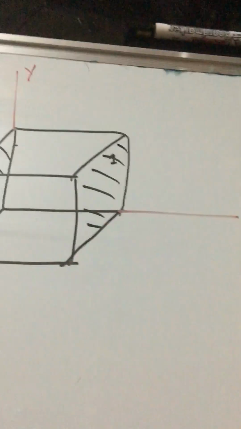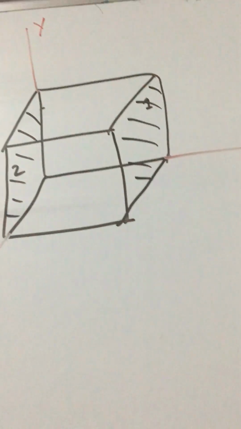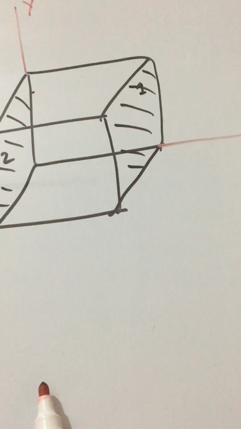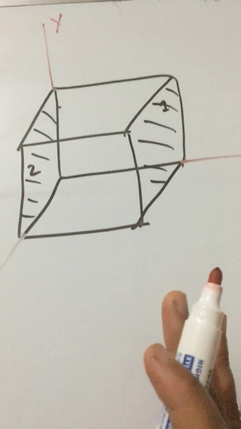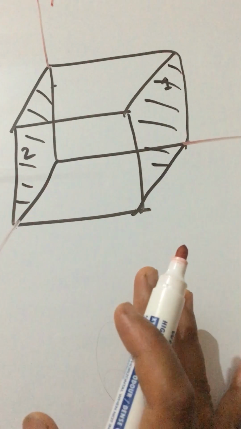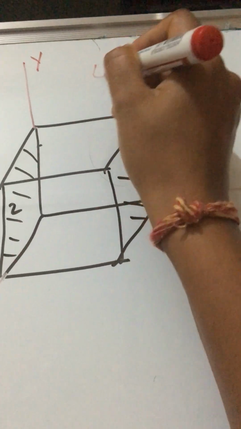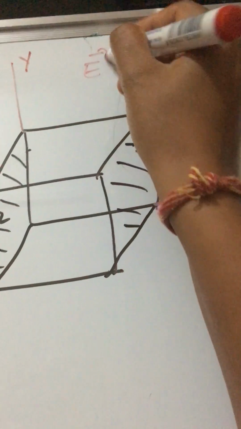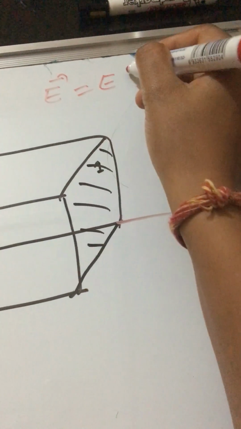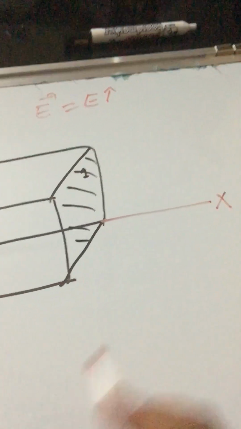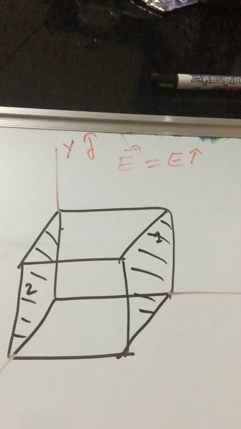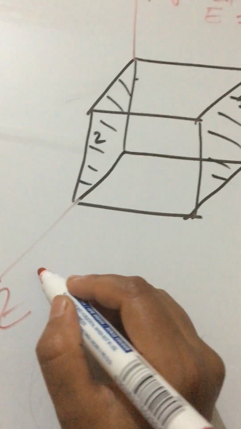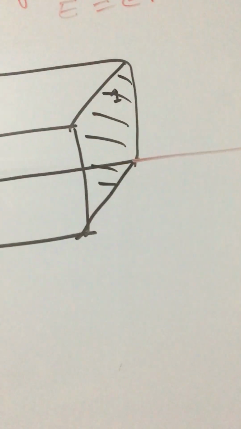All right, we can see it, right? Let's say the electric field is directed along the x-axis. For the x-axis we have the unit vector i cap, for the y-axis we have the unit vector j cap, and for the z-axis we have the unit vector k cap. I hope you remember it.